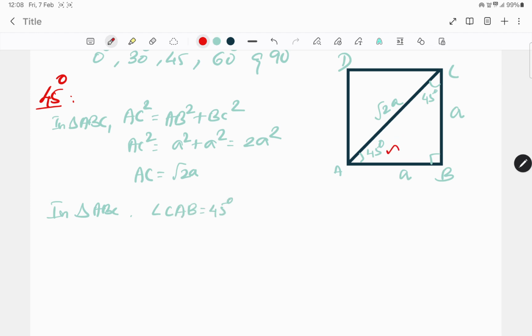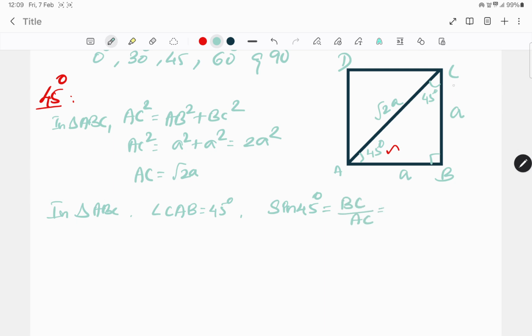This angle CAB equals 45 degree. Then take the sine of this angle, sine 45 degree. We know the formula sine theta equals opposite side by hypotenuse. Here the opposite side is BC, BC by hypotenuse AC.